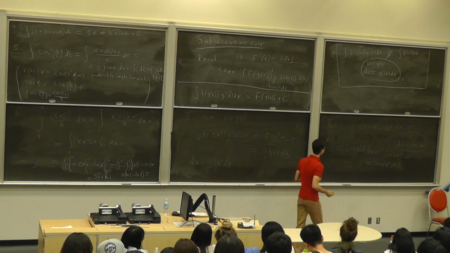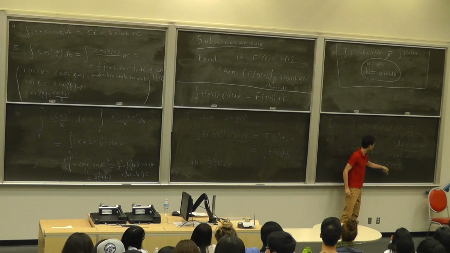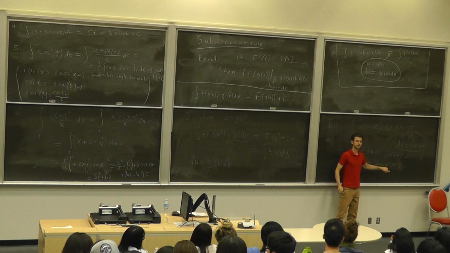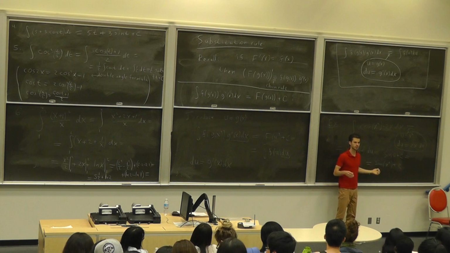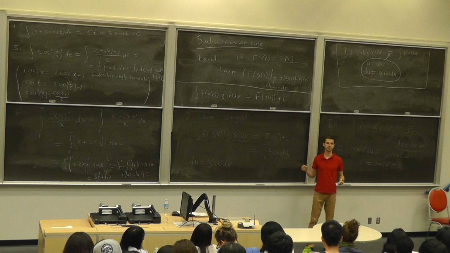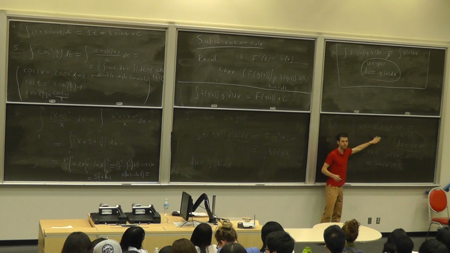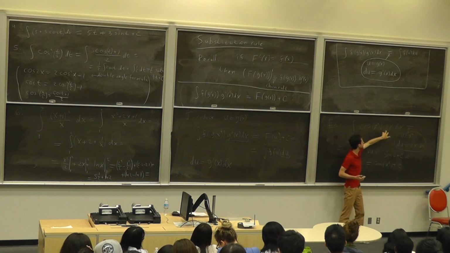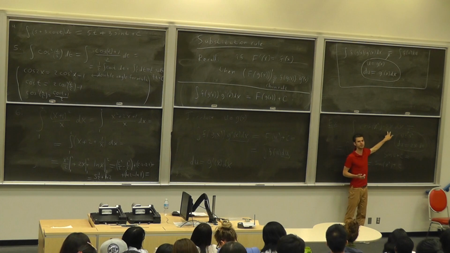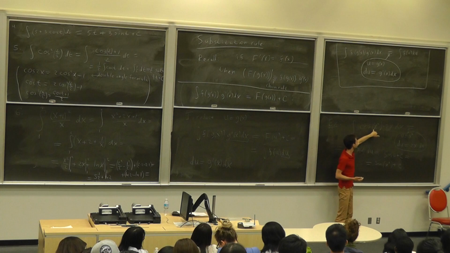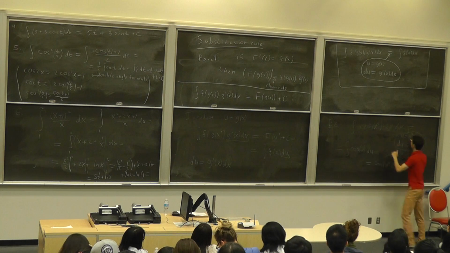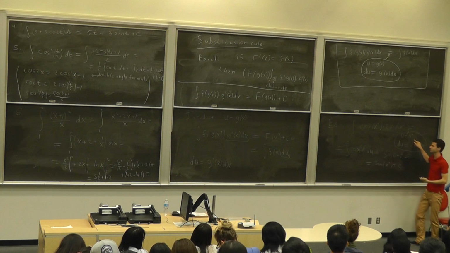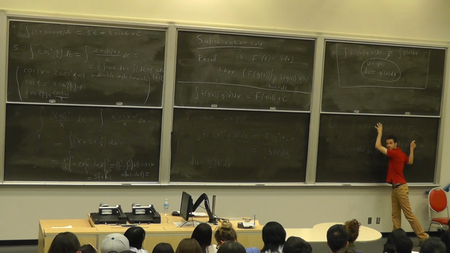The chain rule would have told you that the derivative of sine of something is cosine of something times the derivative of something. What you are doing here is reversing the logic. Here I see cosine of something times the derivative of something. I give a name, u, to whatever is inside the cosine.